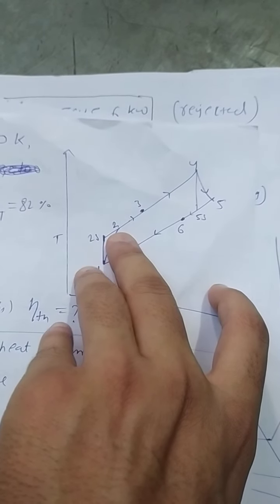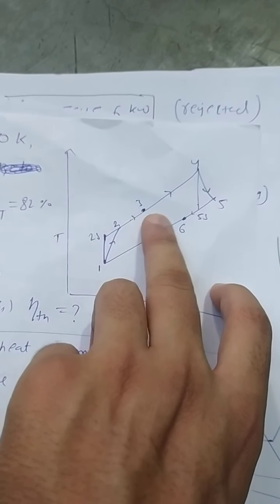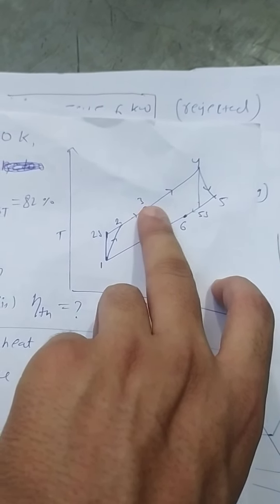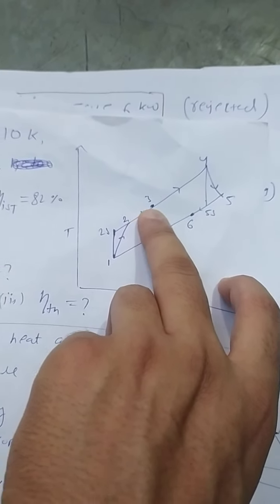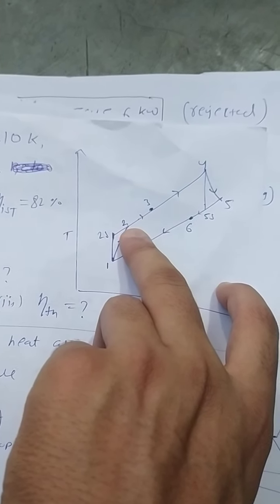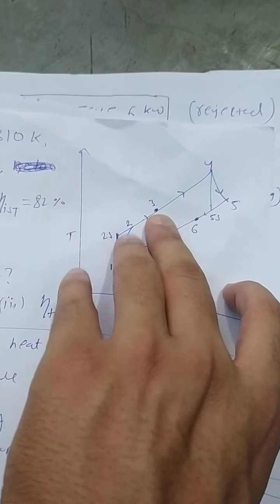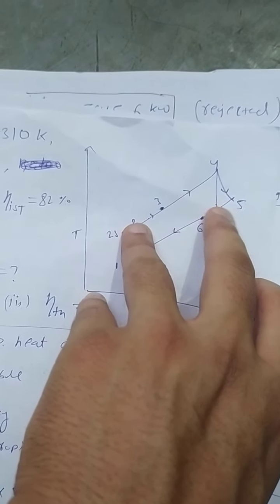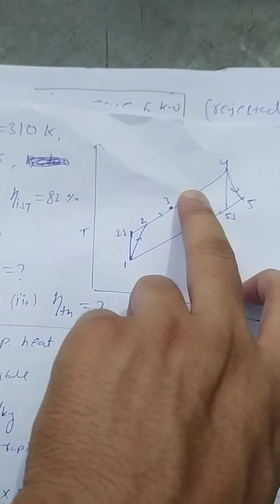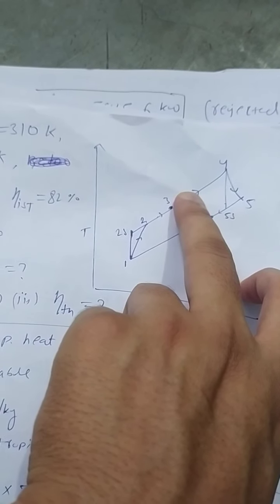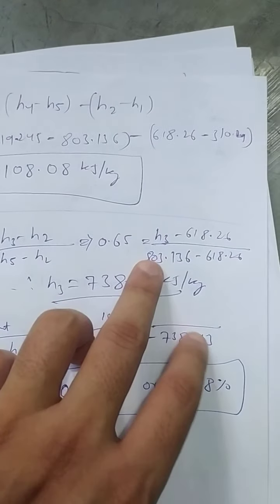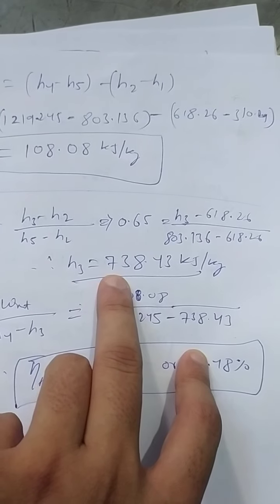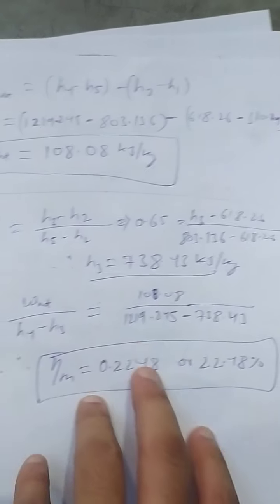So the effectiveness is the actual energy input to the air after the compressor to the ideal case, if the ideal case is possible. So ideal would be h5 here. Putting all these values here, we get h3. The value of h3 is 738.43 kJ per kg.